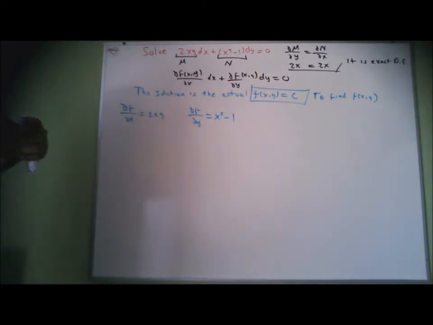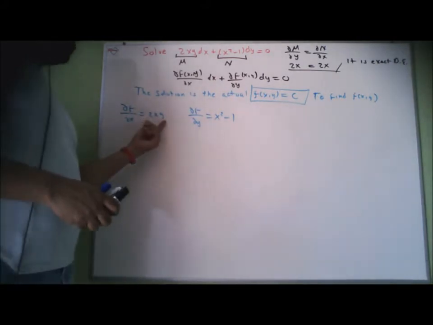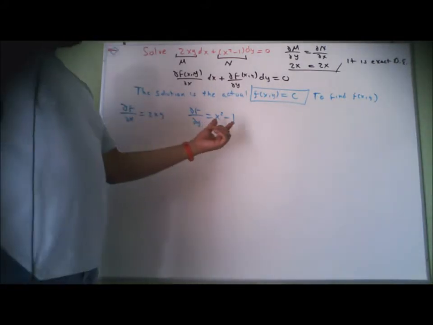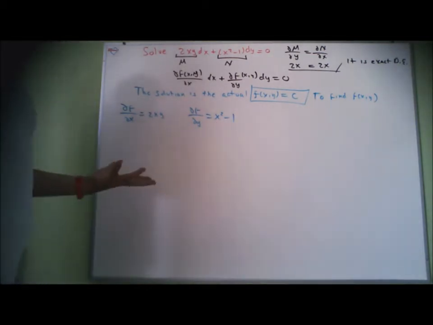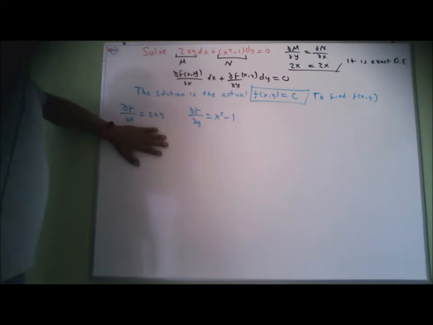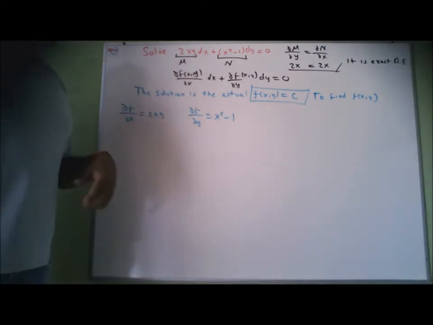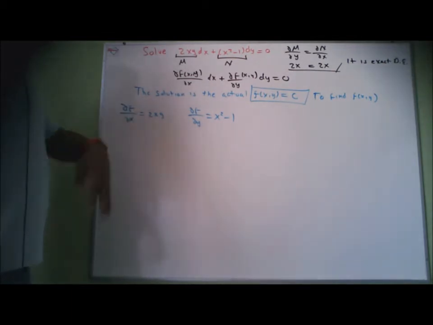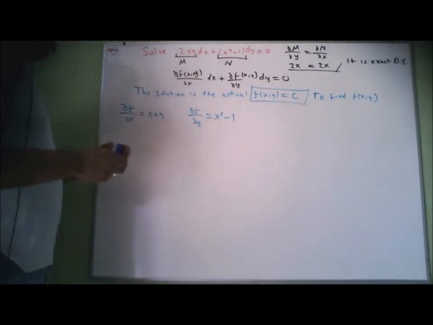So the obvious step is, if the partial derivative of the function with respect to x is equal to this, then you take the partial integral of this with respect to x, or you can take the partial integral with respect to y of this. Okay, so we have two options. Either we take the integral with respect to x from here, or we take the integral with respect to y from here. Now, I can tell you that either way you are going to get the same result. Okay, let's try this one.